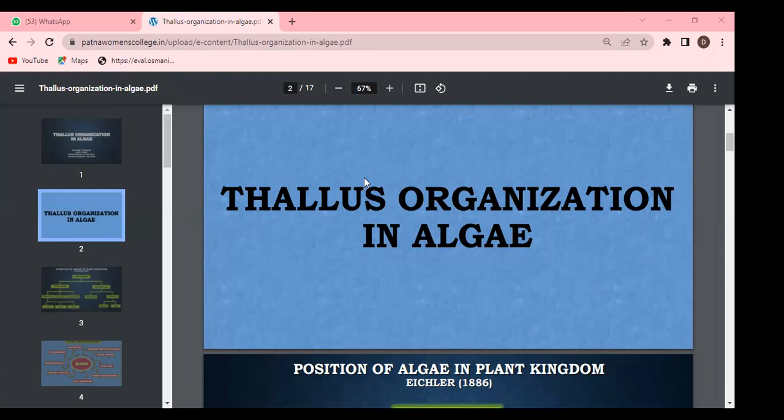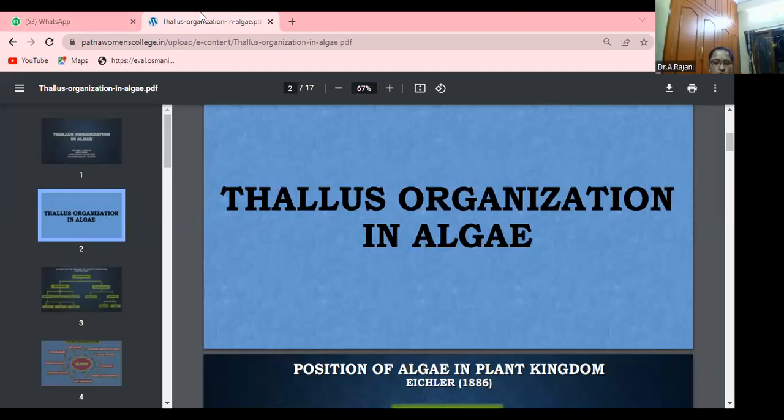You can ask anyone what the plant body is in algae, what it is in fungi, in bryophyta members, in pteridophyta members. Yesterday also I explained.